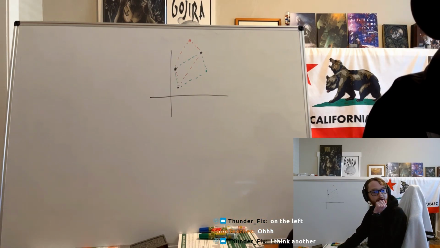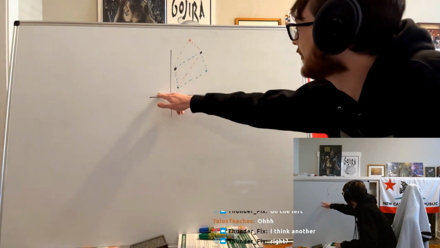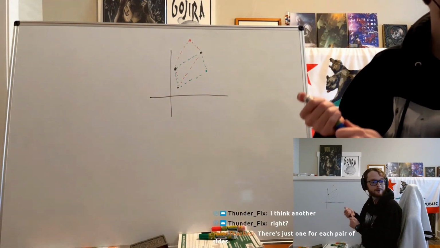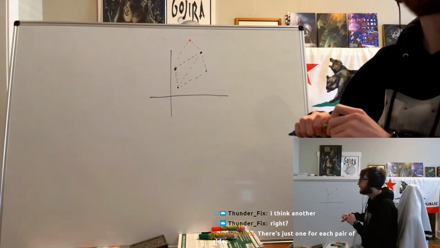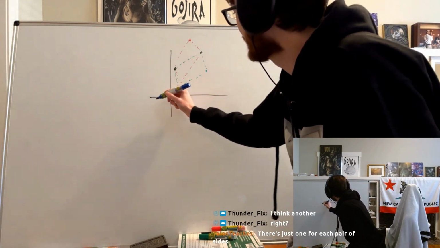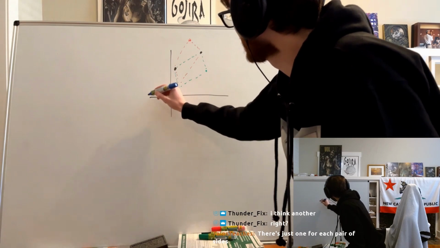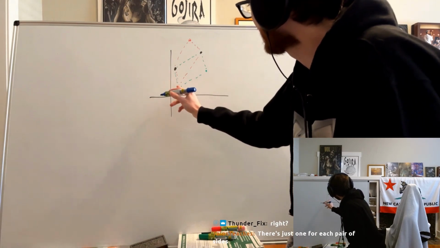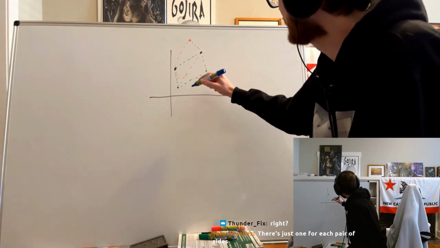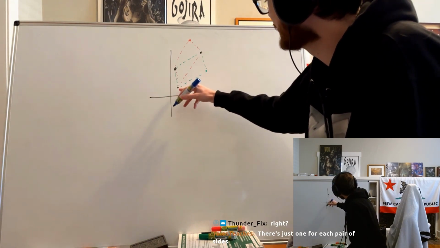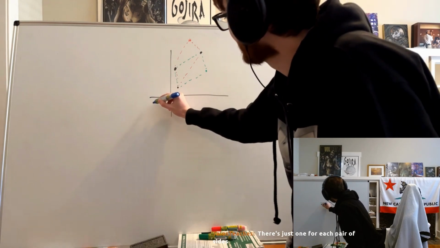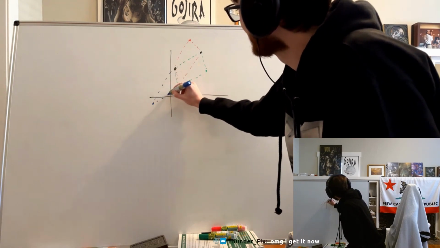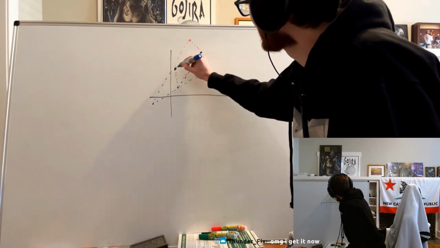Can you do another from the left? Oh! Yeah, why not? Okay, yeah. Great call, Thunder. So you could do one like out here, right? Wait, how's this? Actually, how's this going to work if I do it? I think if I did it like that, this is a parallelogram.